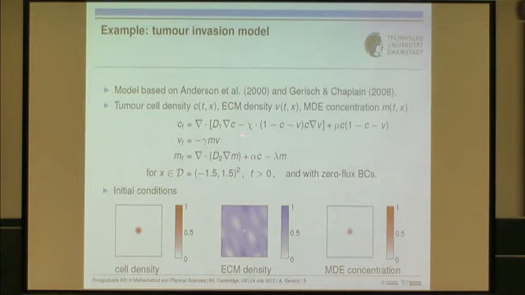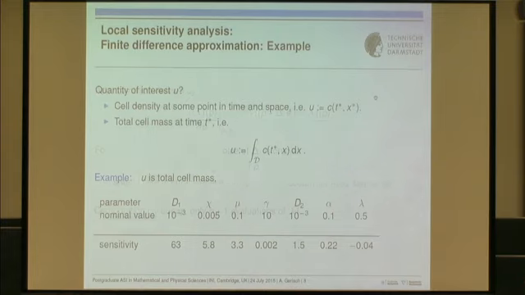But for the diffusion term we don't have this, so diffusively cells sneak through into these regions where there's not a lot of extracellular matrix, and then immediately the cell proliferation kicks in. So that in fact tells you that you should possibly do something about your model here. That explains the high sensitivity here, and you should not come first to the conclusion that this cell motility has such a big impact on the cell mass. So you have to be careful with these values. You always have to be careful when interpreting.